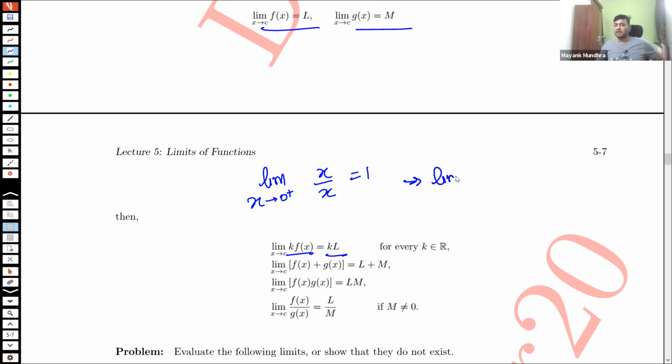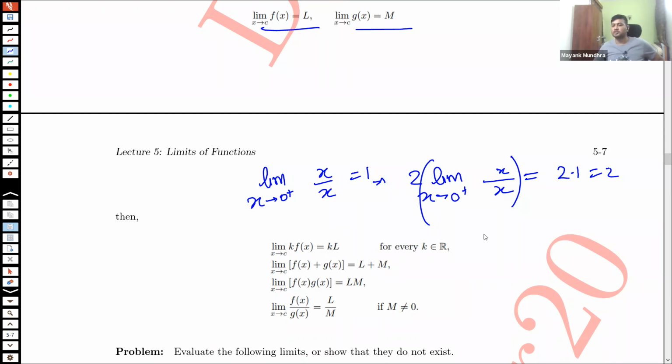So this implies that limit x tending to 0 plus 2x by x will be equal to 2. I'm just multiplying this function with 2, so I can take this 2 outside. So 2 times limit, and that is 2 times 1, so that is equal to 2. So these things can be taken out. When you multiply any function with a constant, the limit gets multiplied by the same constant.